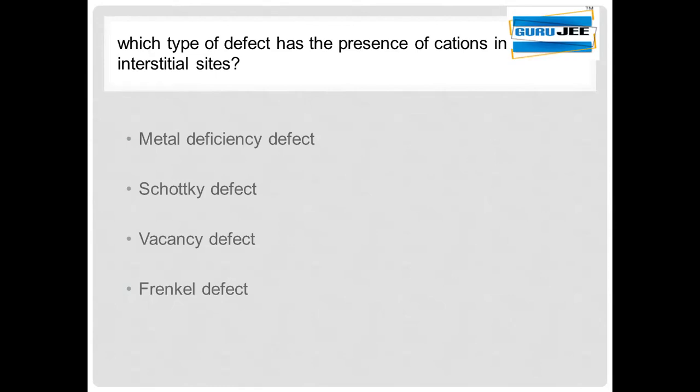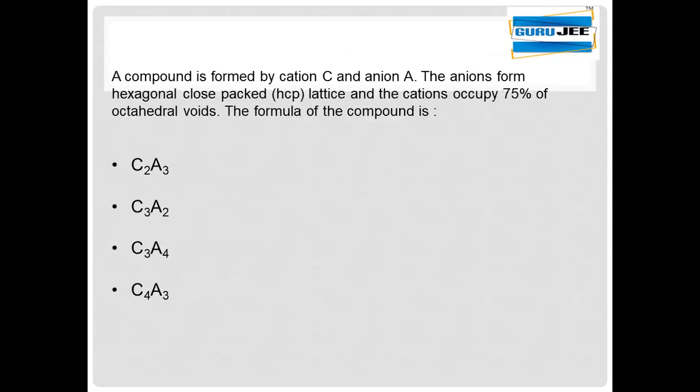It is Frenkel defect. Do you remember the Frenkel defect? Some cations are missing from their original position and are placed in interstitial sites. That's why the cations are present in the interstitial sites, which means the defect is Frenkel defect. Okay. Yes, ma'am.